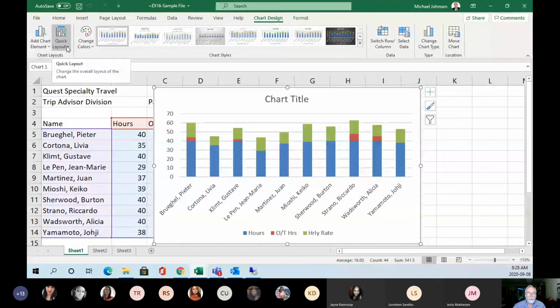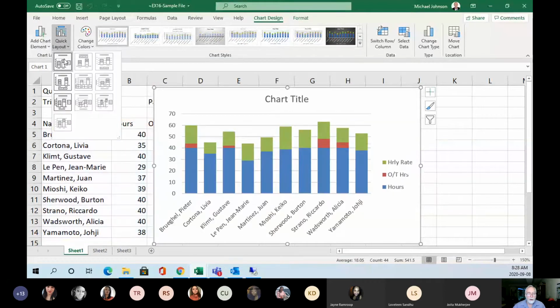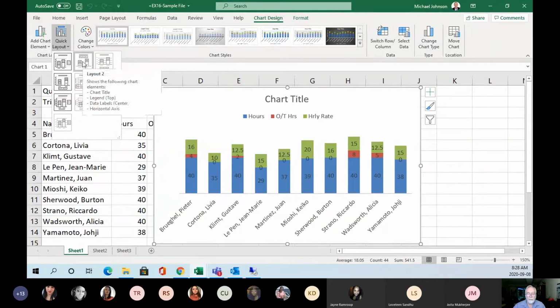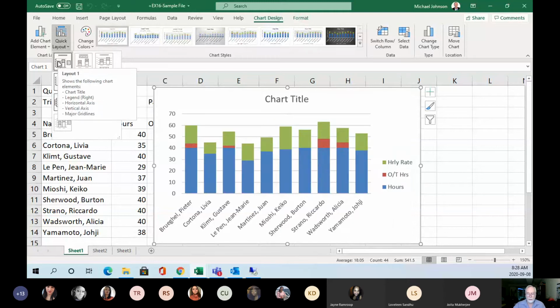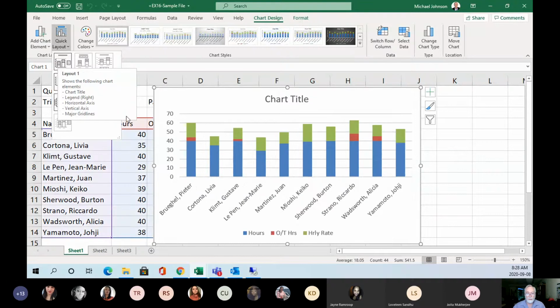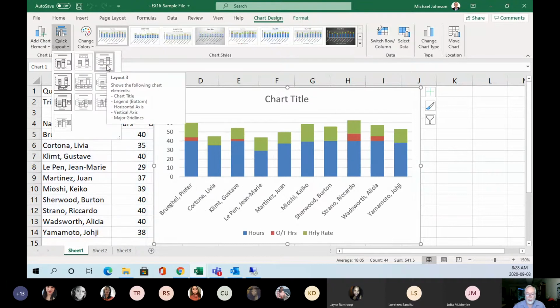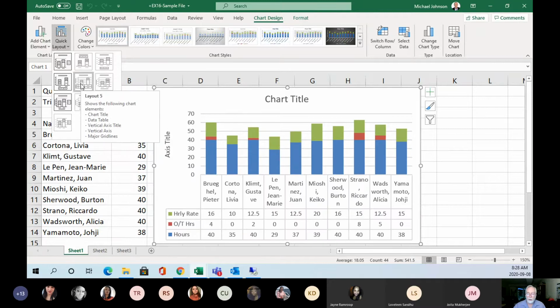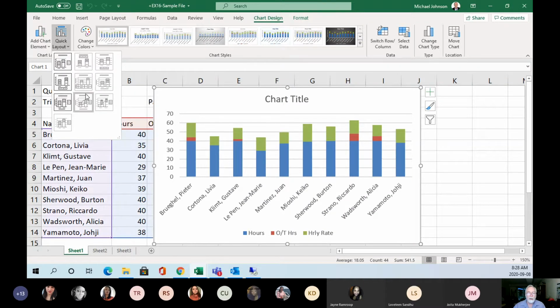So not only can we modify this, and we are going to do this because there are different ways of representing your data. Again, we may want to have some of the values in the chart itself rather than at the bottom or on the sides. We may actually want to have a little bit more information in there. Perhaps what I really want is the table itself underneath the chart so that I could actually print this chart and the data would actually be underneath it as well.